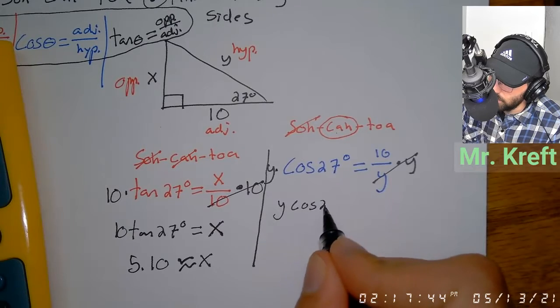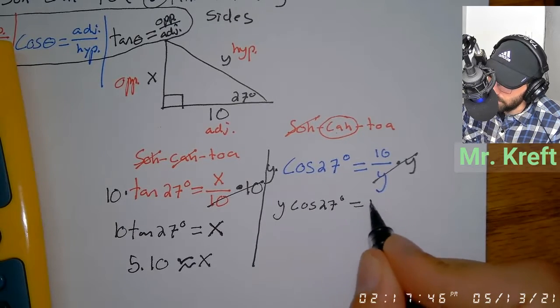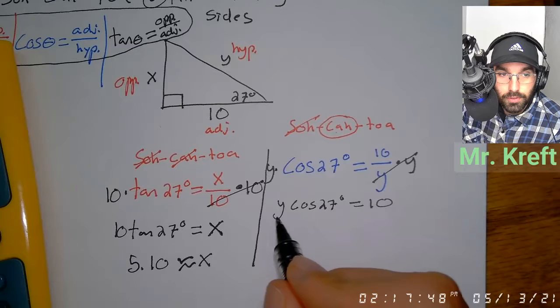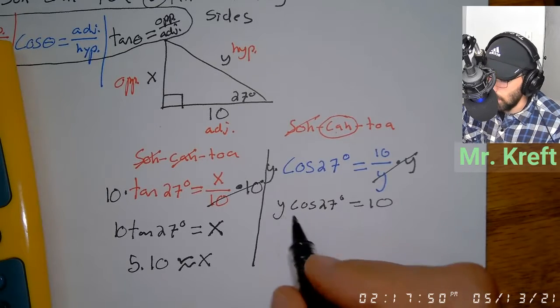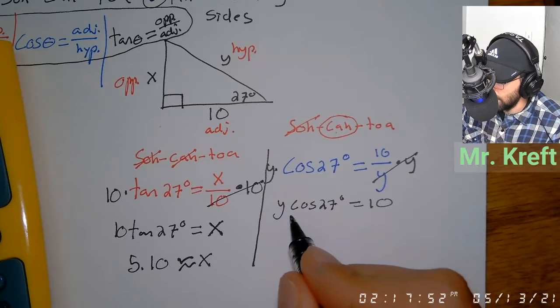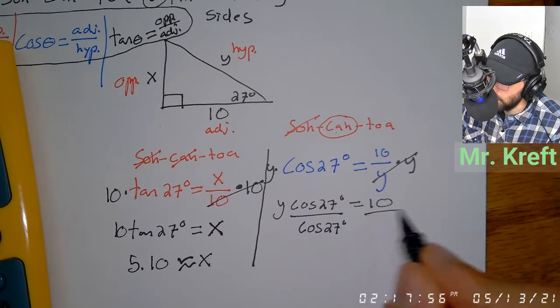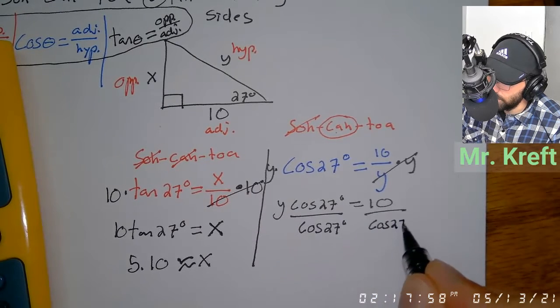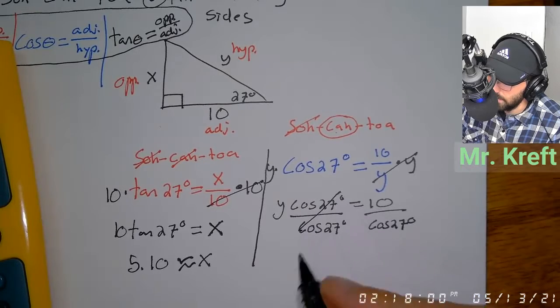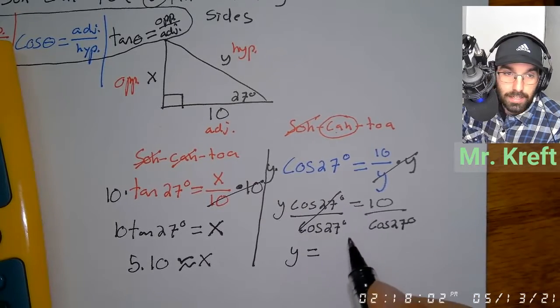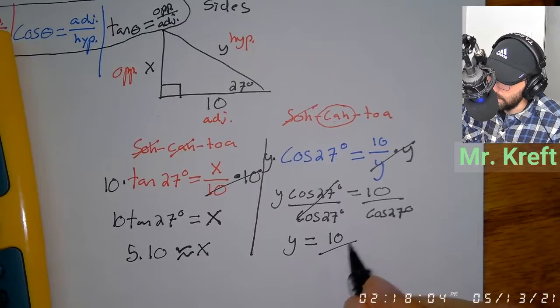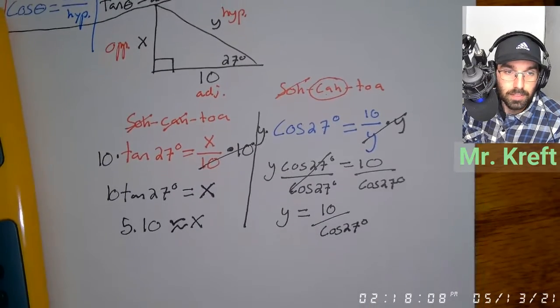I get y cosine of 27 degrees equals 10. I still have cosine of 27 with the y, so it's y times. The opposite of times is divide, so I divide both sides by cosine of 27. So I get y equals 10 divided by cosine of 27 degrees.